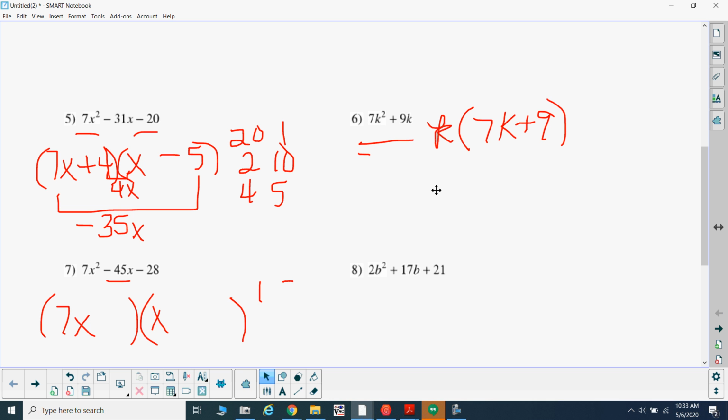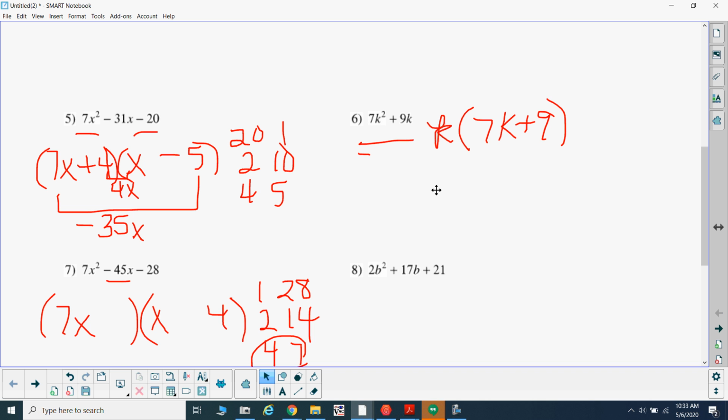But 1 and 28, 28 is going to be way too big. 2 and 14, 14 times 7 is going to be way too big. We have 4 and 7. So my guess is 4 and 7 are going to be my numbers.